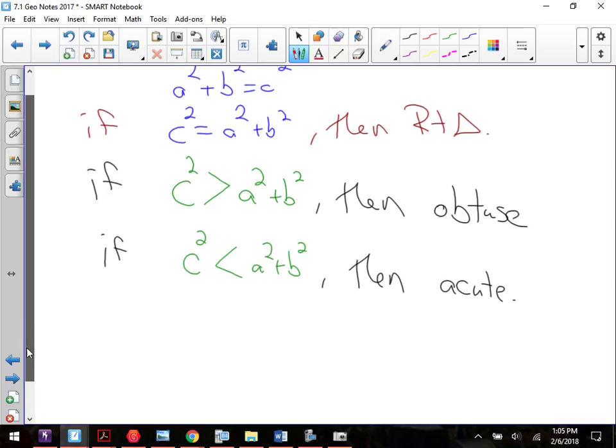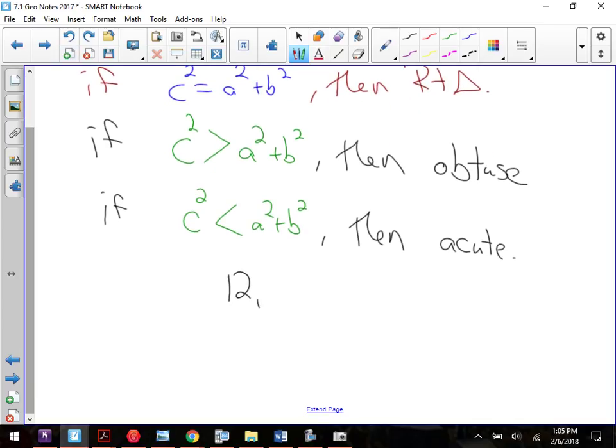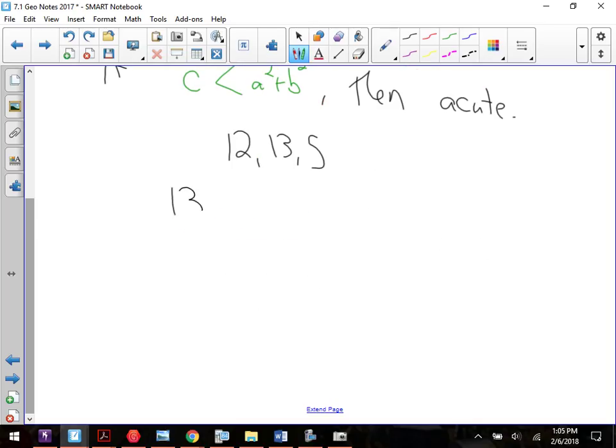For example, if I give you 12, 13, and 5, which one of those 3 numbers would have to play the role of the value of c? 13. Because 13 is the biggest. So when you put these things through, you have to figure out which one is the largest. So I check it.